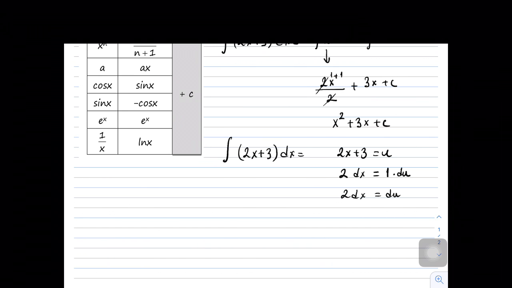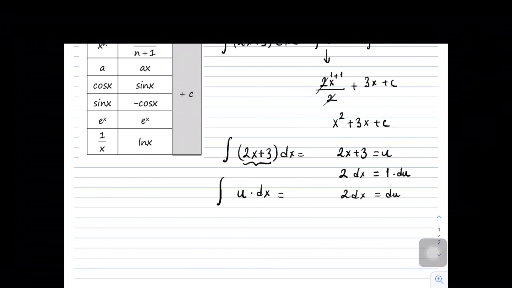Just a second now. Go to this here. Now what did we say instead of 2x plus 3? u, right? And then dx. There's a problem over there. We have u, but it says with respect to dx. We do not have any x's here anymore.